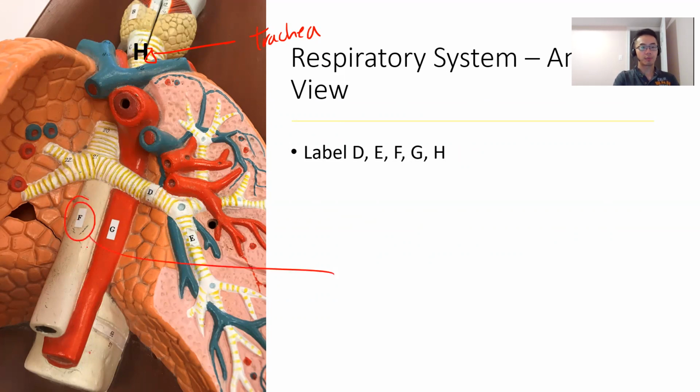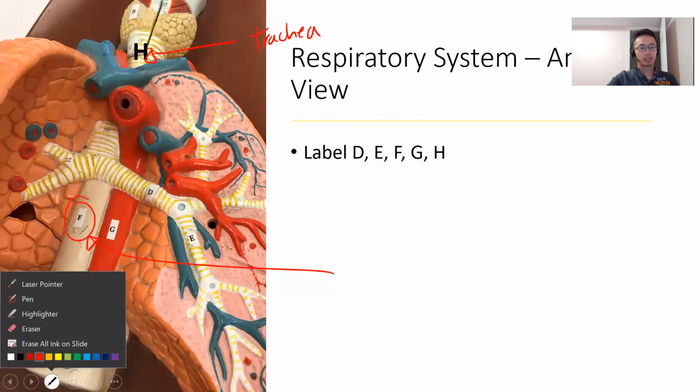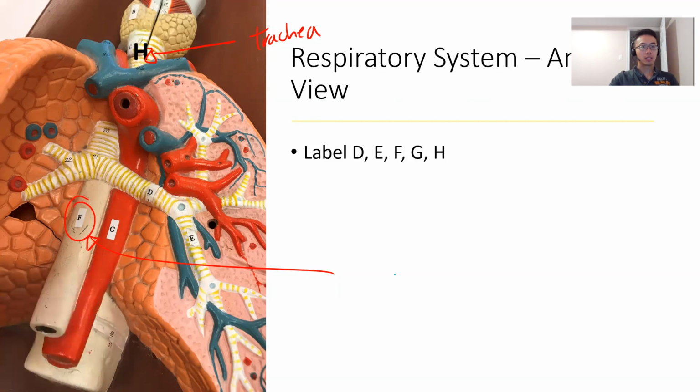This again usually gives people quite a bit of trouble. What is F? Type it in the box, or you can let me know. What is F? Okay, we'll come back to it.